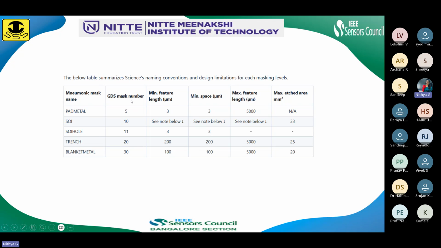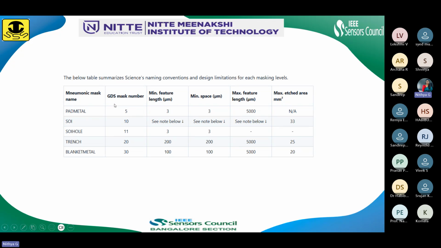If we are using a SIF format, then they are defined by short names, like pad metal for pad metal, and the silicon device layer is defined by SOI. And if there is a SOI hole, then we take it by typing the name SOI hole. That particular layer is taken by defining the name of that particular layer.